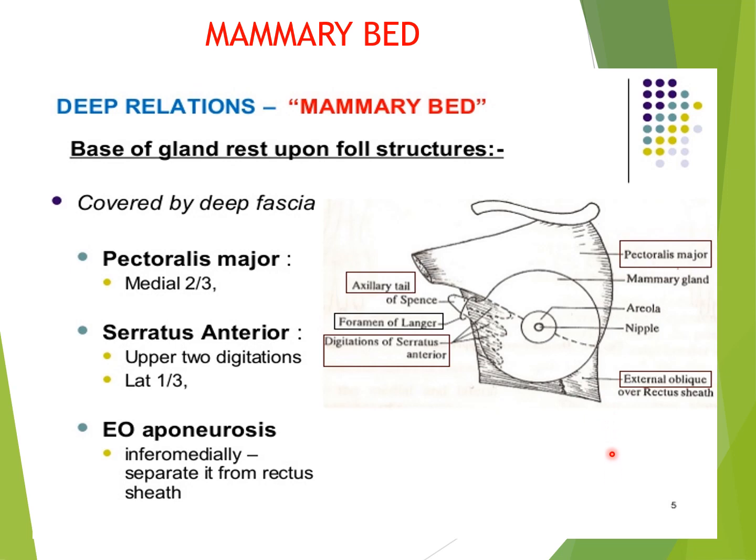Now, deep projections from the glandular parenchyma of the mammary gland sometimes penetrate the superficial part of the pectoralis major. That you should remember. So this is about the mammary bed.